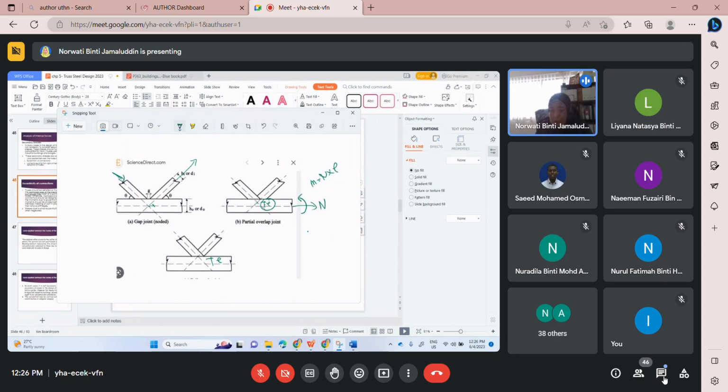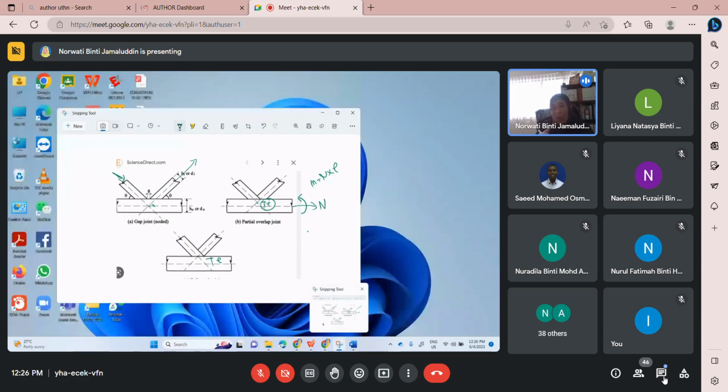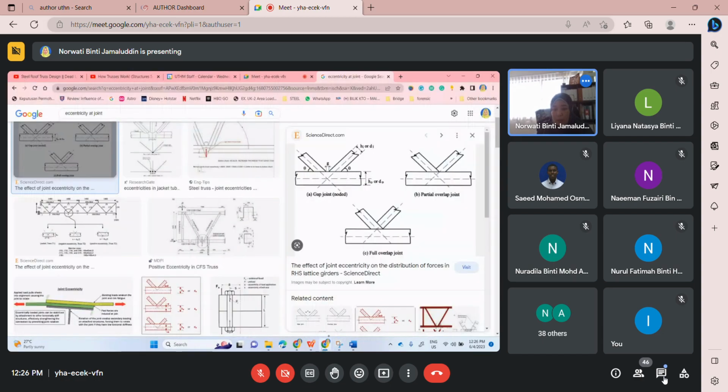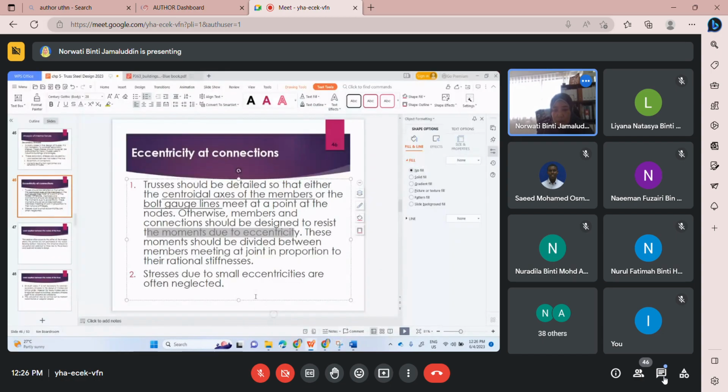How can we divide? It will be according to the proportion of the member stiffness. This moment should be divided between members meeting at a point in proportion to their relative stiffnesses.